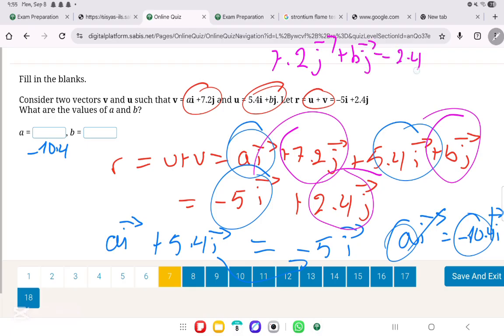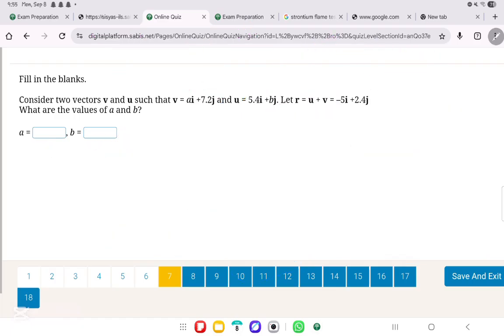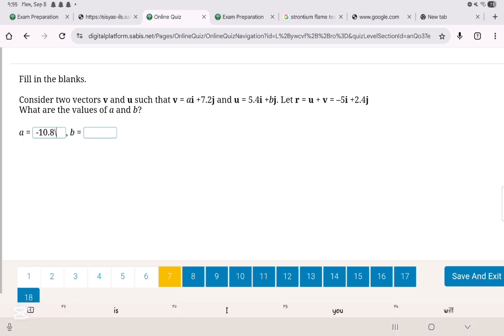Move this to the other side, you will get that bj is equal to minus 4.8j, and then you can cancel j here, and you will get that b is minus 4.8. So the final answers in this case are minus 10.8, was it? Let me check. Minus 10.4, my bad. Here, minus 10.4 and minus 4.8. Let's move on to question number 8.